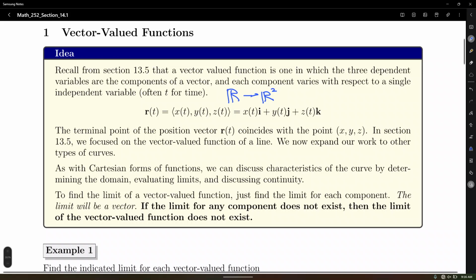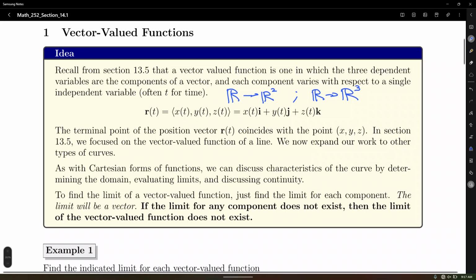You know, that's when we use vectors in the plane. And then the second case, when we go from R to R3. That is a vector where our input, in this case t, outputs a vector in space in 3 dimensions. So that's the formal notation we use to describe this input-output relation.